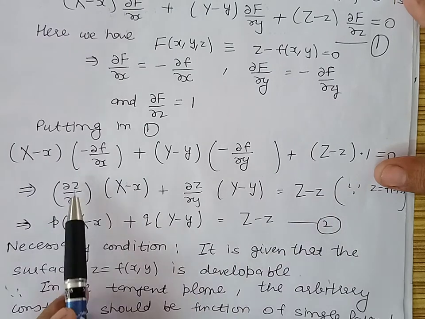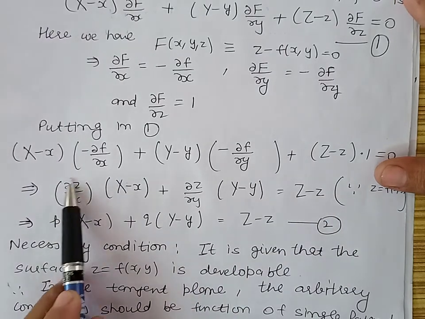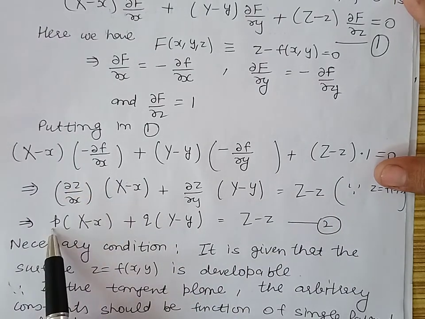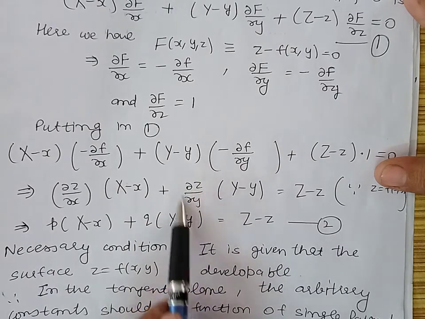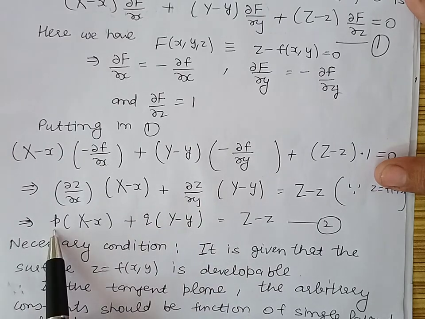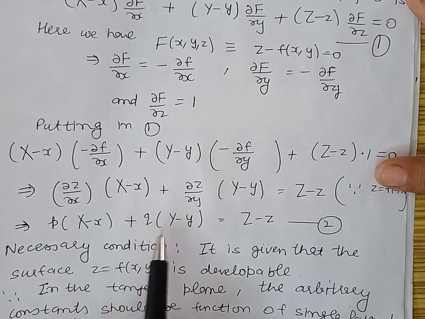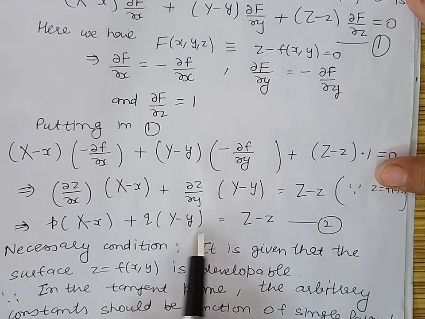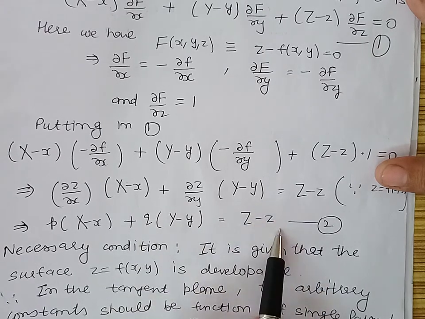By our notations in partial differential equations, ∂z/∂x denotes p and ∂z/∂y denotes q. So finally the equation of the tangent plane becomes p(X minus x) plus q(Y minus y) equal to Z minus z.